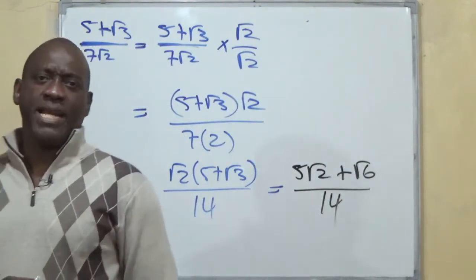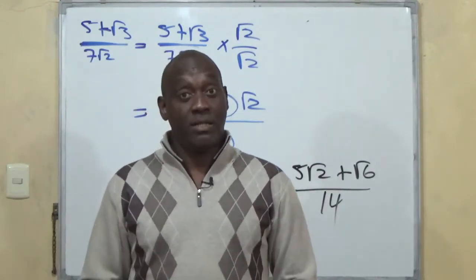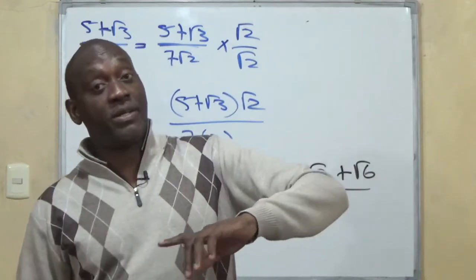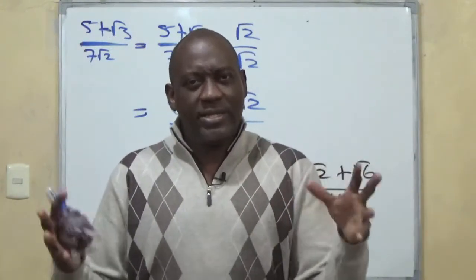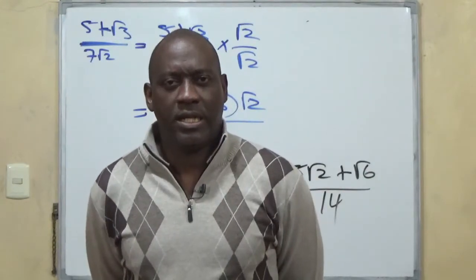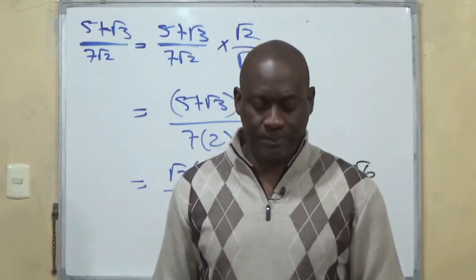So now we're going to make life interesting, because now is where we're going to actually start making use of the topic that we covered in the previous video, which is that whole conjugate story. Let me use the conjugate now and see it in action.